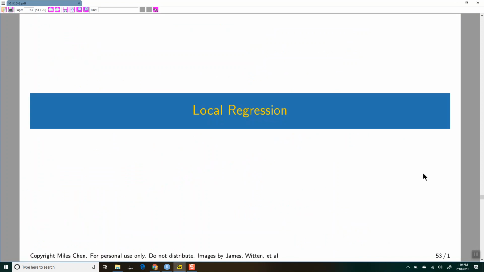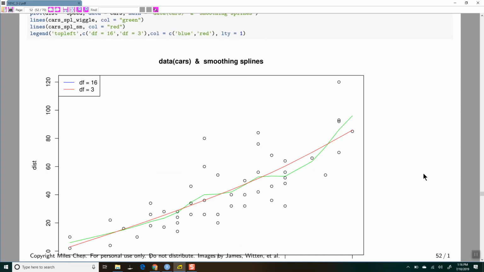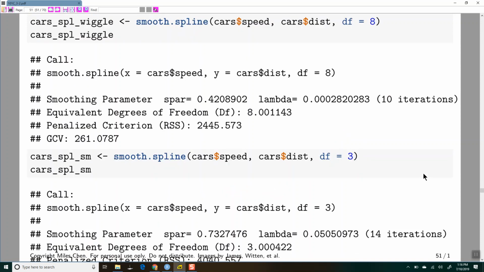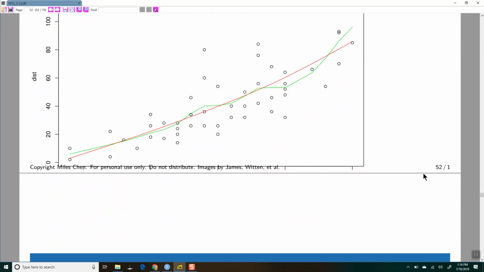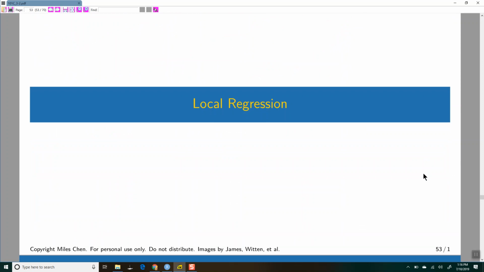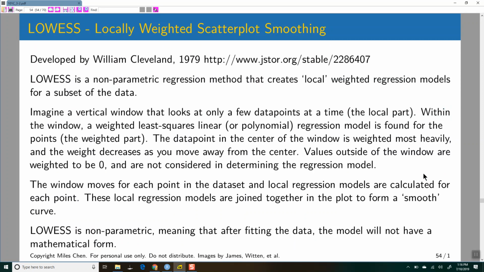So that's fitting the smoothing splines. And basically, if you have too many degrees of freedom, you're going to be fitting basically a natural cubic spline with a knot at every single x.